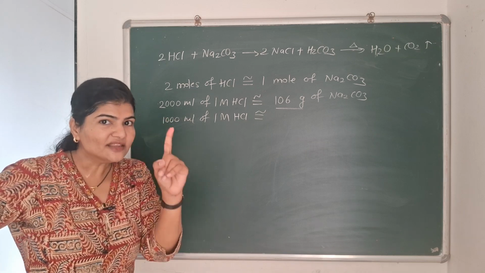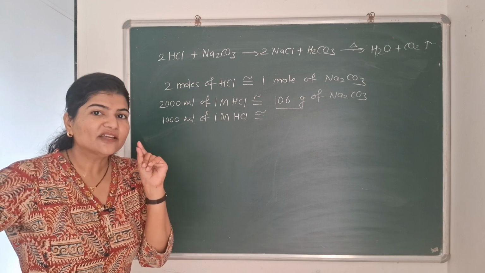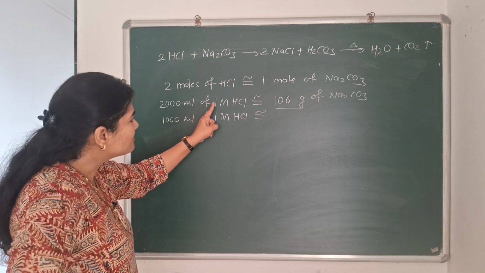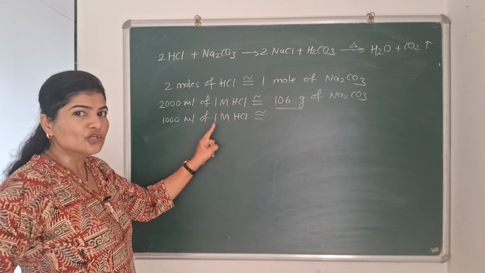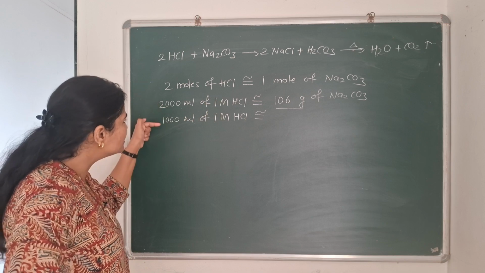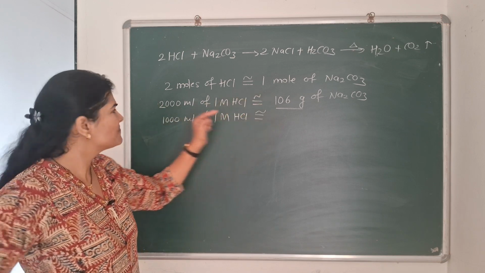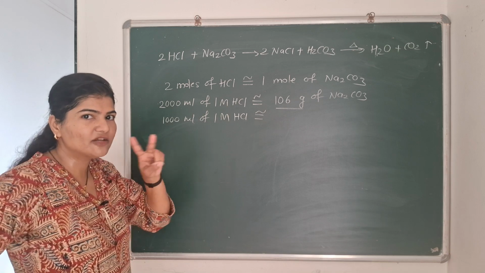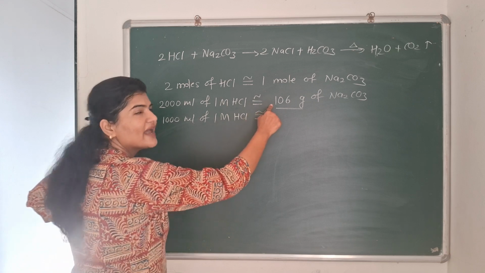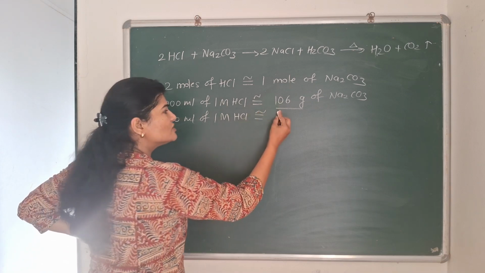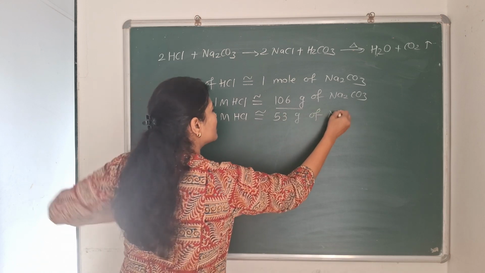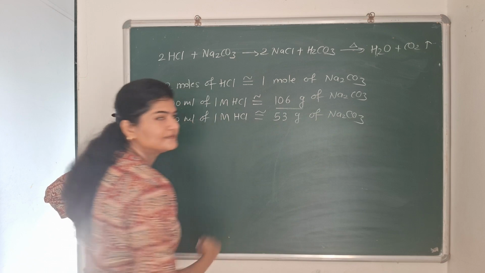You will keep one thing constant and you will give the same treatment to the remaining two. Now in this case I have kept 1 molar constant. So whatever I do to this, I have to do to this. See here, 2000 is converted to 1000, which means I have divided by 2. So here also I have to divide by 2. So 106 divided by 2 comes to 53 gram of sodium carbonate.